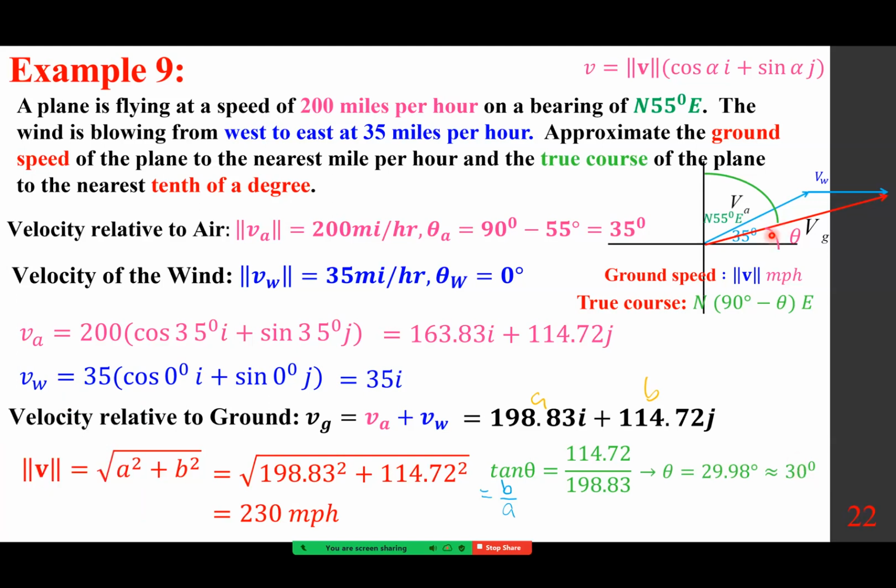So if this is 30 degrees, what do we want? 90 minus that. We want 60 degrees. So we have north 60 degrees east. And that's the final answer.